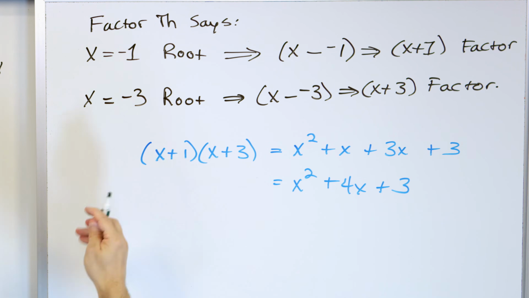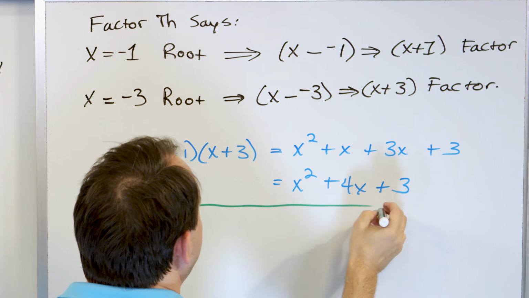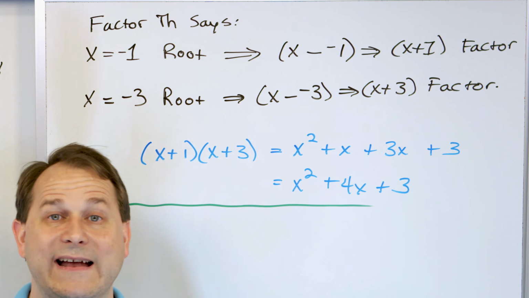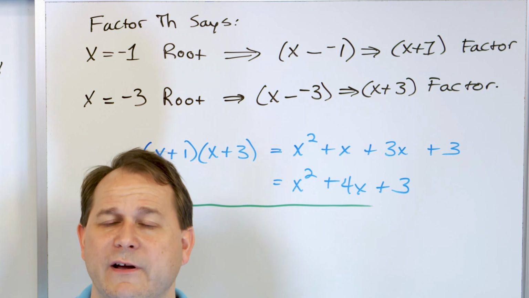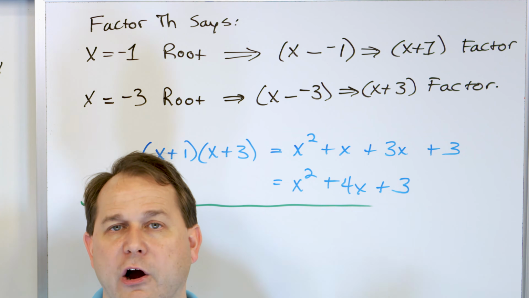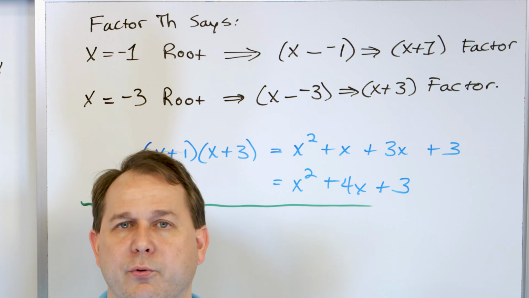All right, now I told you that there's two main things I wanted to really emphasize about the factor theorem. The first one was that if you know the roots, which is exactly what we've been talking about, then you know what the factors of that thing really are, right? That's the first thing. It's probably the most important thing.